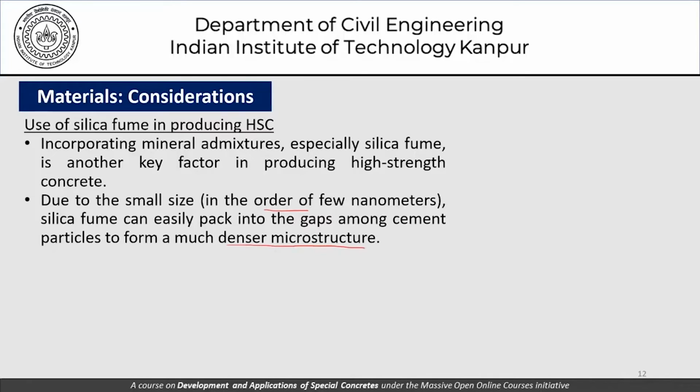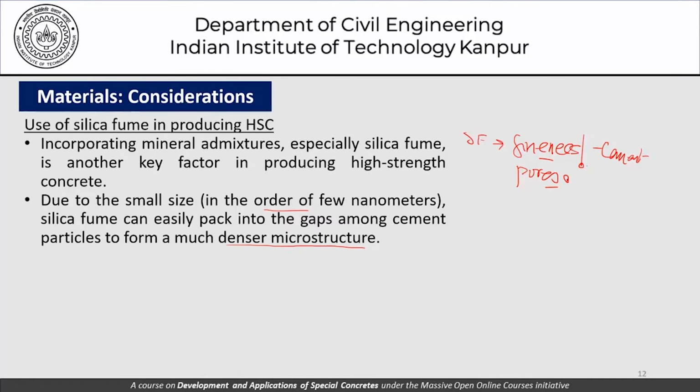So silica fume has a lot more fineness. Silica fume is a lot more fine compared to cement, and therefore the silica fume particles can actually sit in the pores of the cement paste, giving rise to a much denser microstructure.